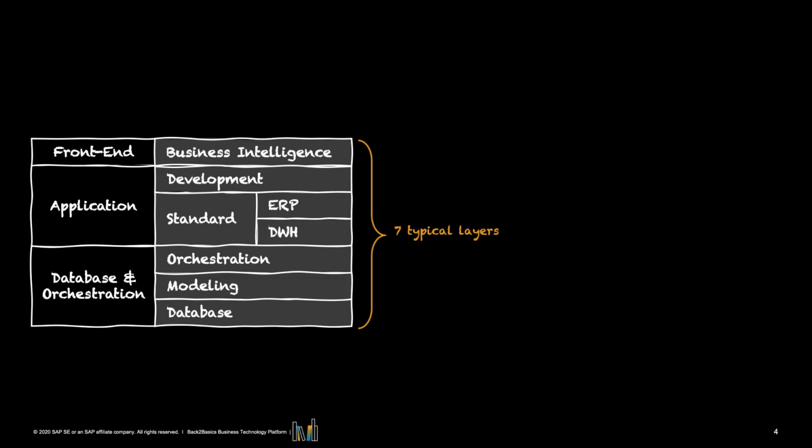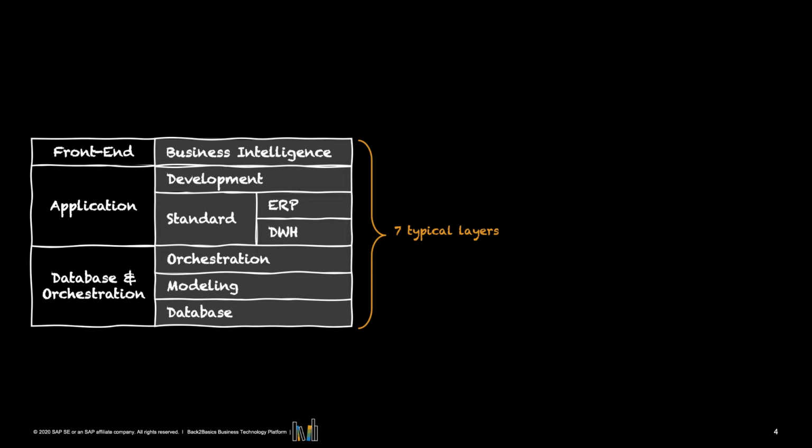At the very top, the front end, I mentioned there business intelligence. Business intelligence comprises here reporting, analysis, planning, predictive, consolidation, and report publishing, for instance.